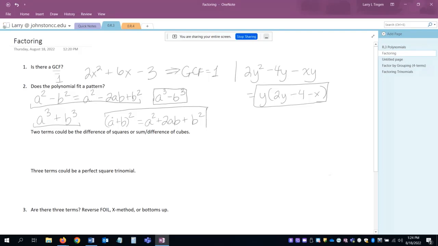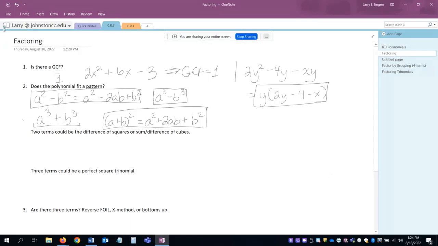Okay? So if you see a polynomial that's in this form already, then factoring it can be super easy. Terms can be the difference of the sum of squares or cubes. That's this and this.